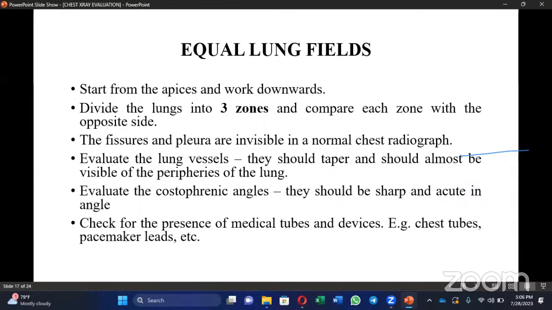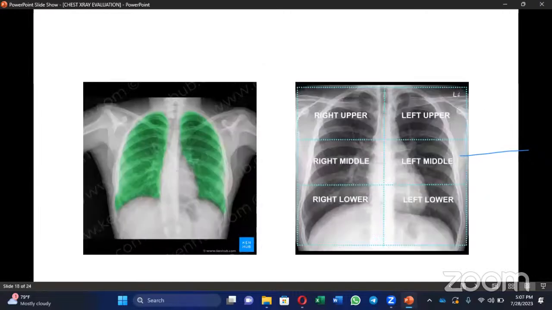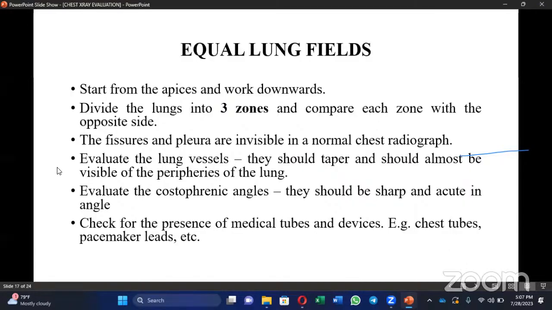So whenever we are seeing absence of lung vessels at the peripheries of the lung, when we are having absence of lung markings and significant radiolucency within that area, we can suspect the presence of pneumothorax, okay?